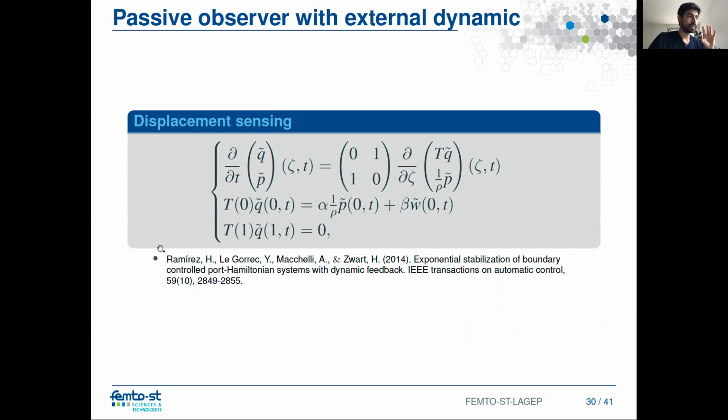So it's quite similar to the result from Ramirez, where to prove the exponential stability, we need this conjugated output of the system in here.